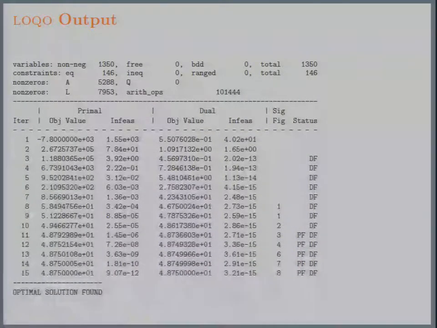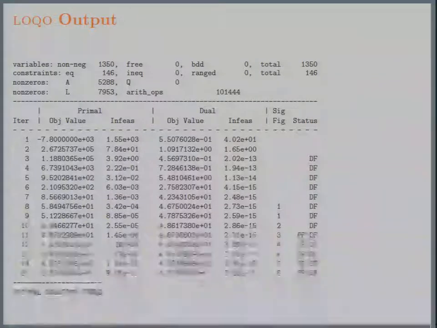And also the constraints can be equalities, inequalities, or what we call ranged, which means it's a two-sided inequality. The constraint can't be above this and below that. So this problem had 146 equality constraints and 1,350 non-negative variables.